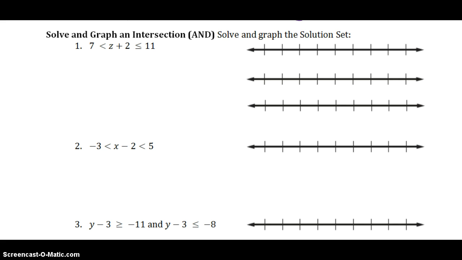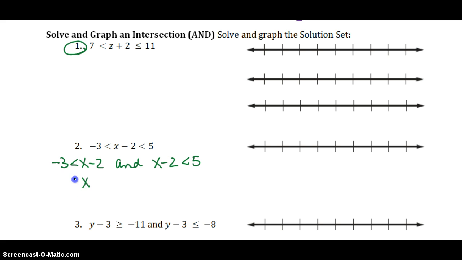All right, our next three examples are going to be intersections, so they should overlap. For the sake of time, I will leave number 1 for you to work after I work number 2, and I'm going to pick it because of all the negative signs. So I need to work -3 less than x minus 2, and I need to work it as x minus 2 less than 5, because both are taking place here.